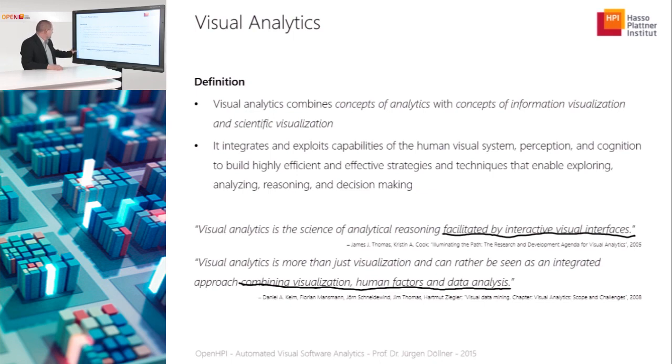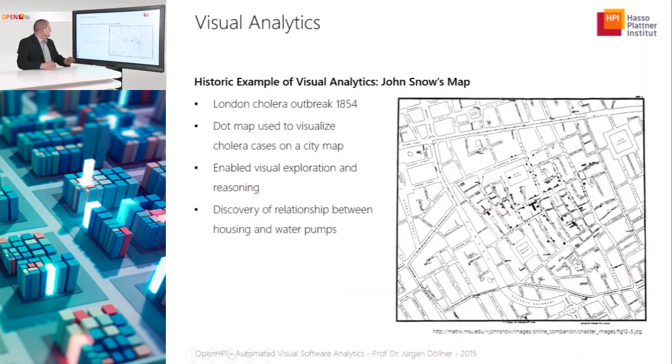Let's see where visual analytics began. Here's a historic example of visual analytics, the map of London from John Snow. He produced a map about data he found from the outbreak of cholera in 1854.